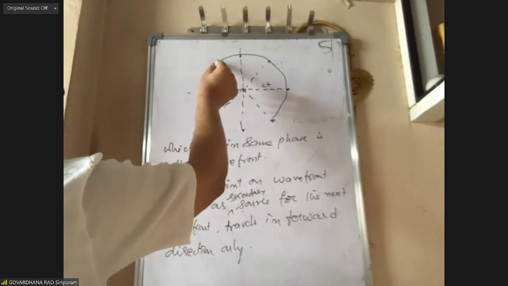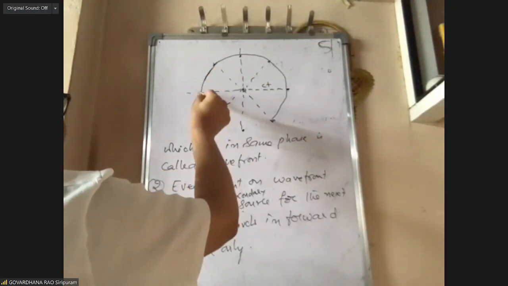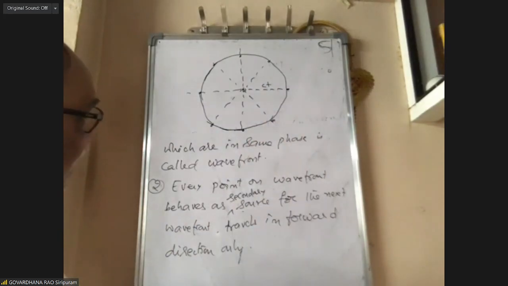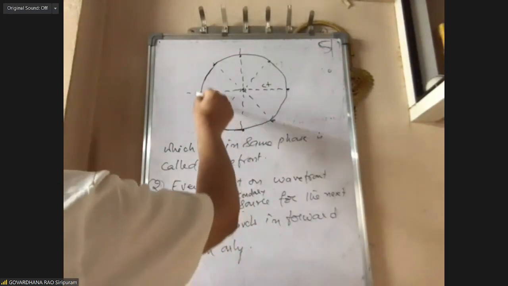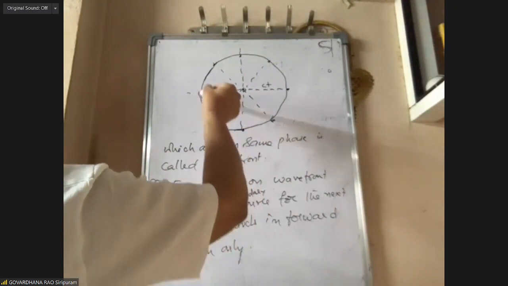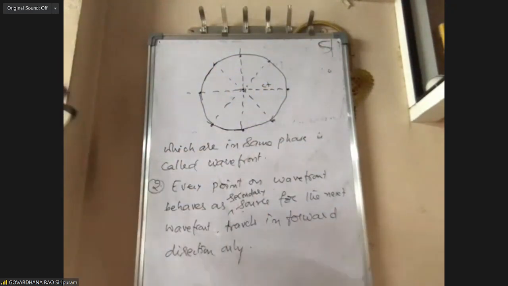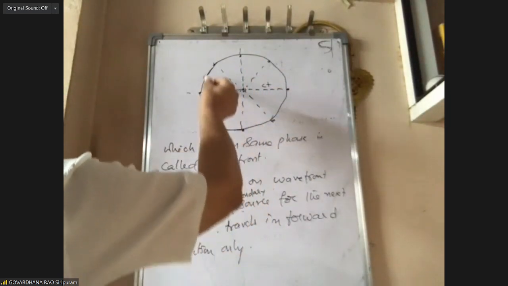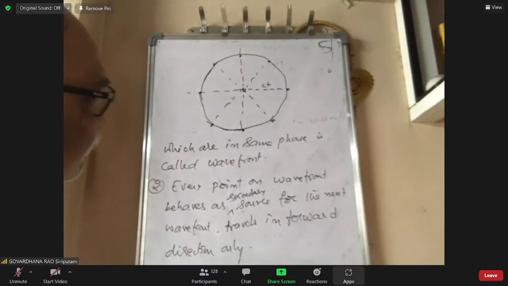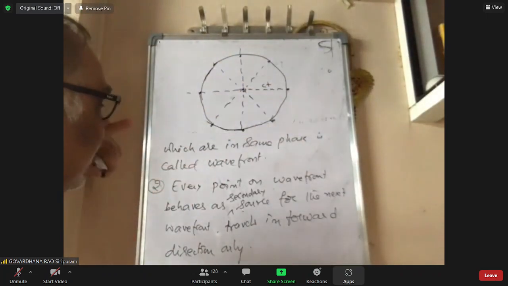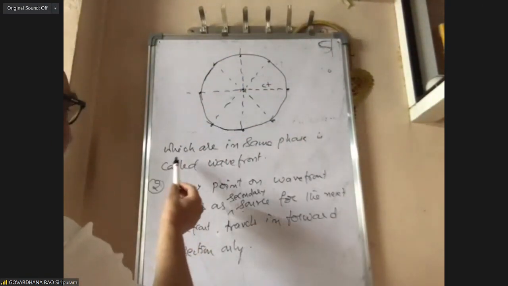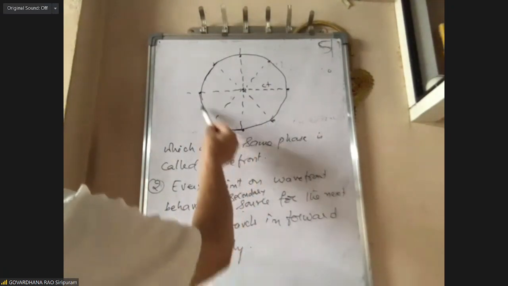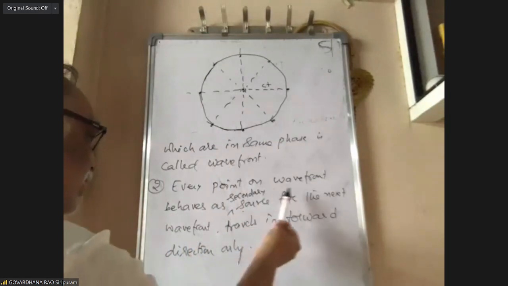The locus of all the particles which are in the same phase is called a wavefront. Followed? So this is the wavefront.